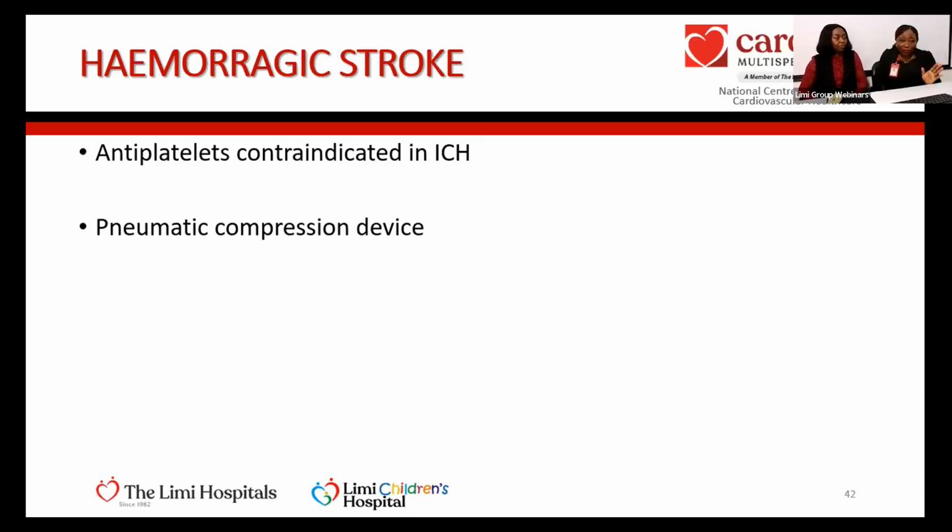We're not talking of TED stockings, so this is pneumatic compression device, the ones that will actually pump and ensure there's good venous return. So that is what is preferred for them. And of course, physio as soon as possible, because these patients are not ambulating, especially when you're dealing with hemiplegia. Most of the time they are in bed throughout. So you need to ensure physiotherapy, even if it will be passive initially, but they need some form of physiotherapy from the onset.